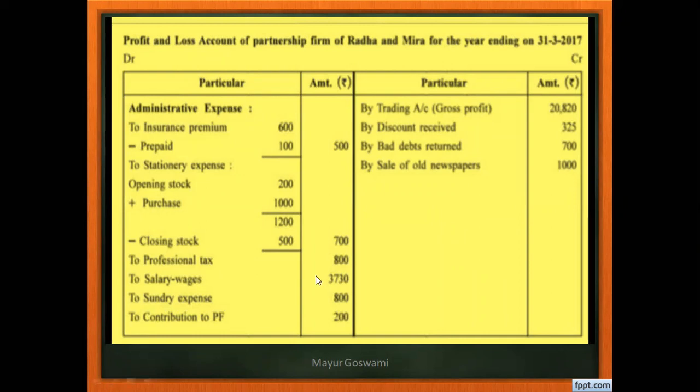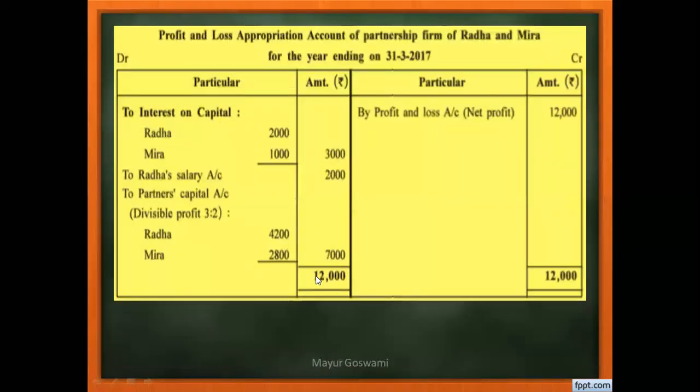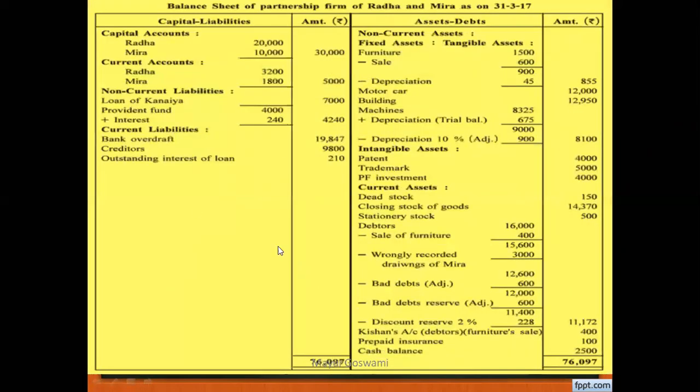So credit side we have provident fund. Come to the balance sheet liability side. Write down here provident fund into inner column 4,000 rupees. One line underline, right?